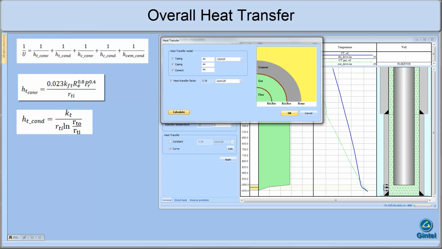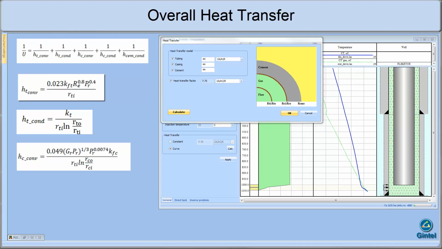The third item is a local heat transfer coefficient due to free annulus convection between tubing and casing. It will be equal to a constant multiplied by Grashof and Prandtl numbers, casing fluid conductivity over RTI multiplied by natural logarithm of RCO over RCI.